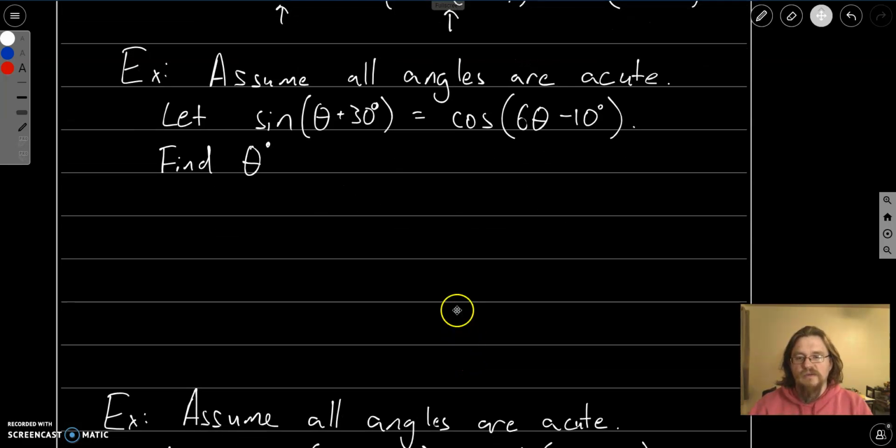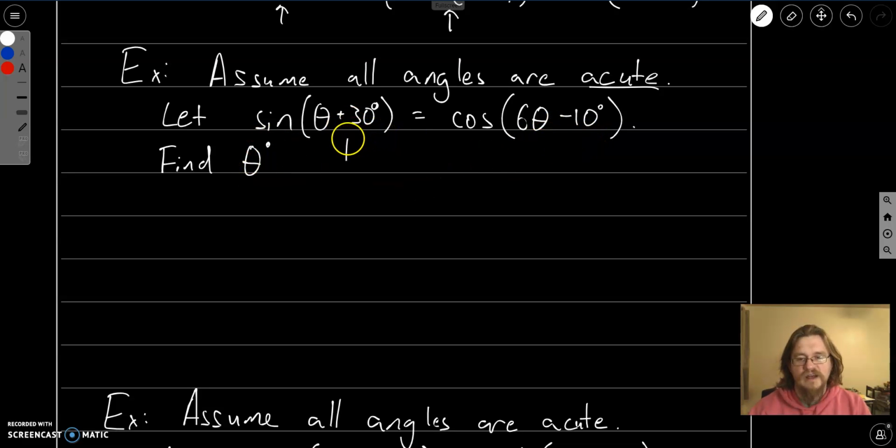Another type of question that we could do would be if we're already told that all angles are acute, so that we can use our cofunction identities, and we're told that sine of theta plus 30 is going to be the cosine of 6 theta minus 10. We know that these are going to be complementary angles. So we can find theta in here.